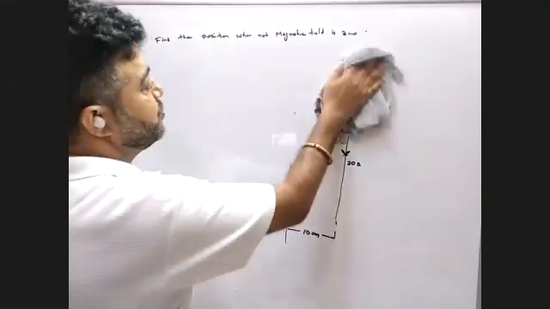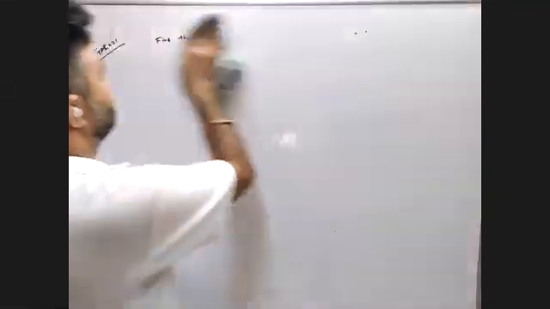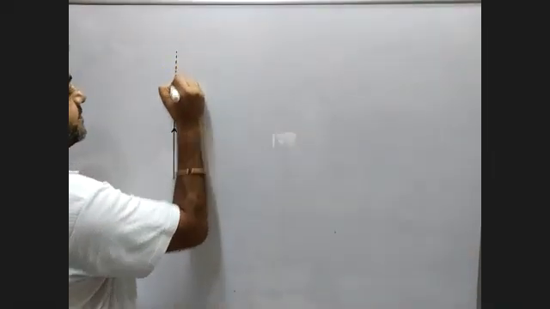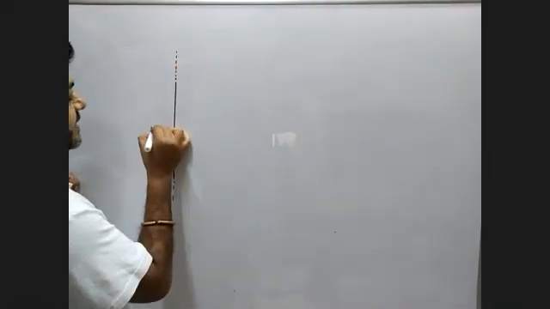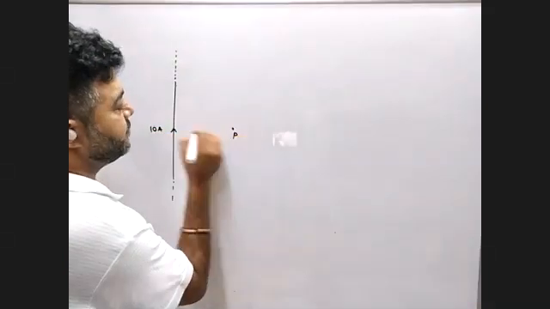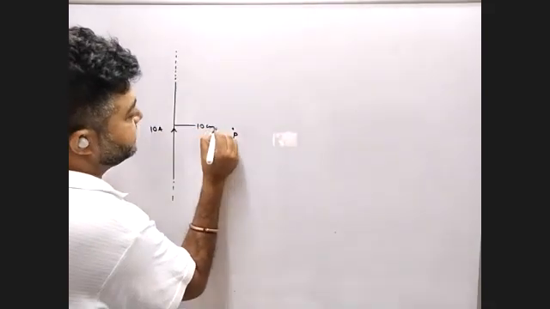Now type 2. Suppose this is an infinitely long current carrying conducting wire, carrying current 10 ampere, and P is a point at a distance 10 centimeter.